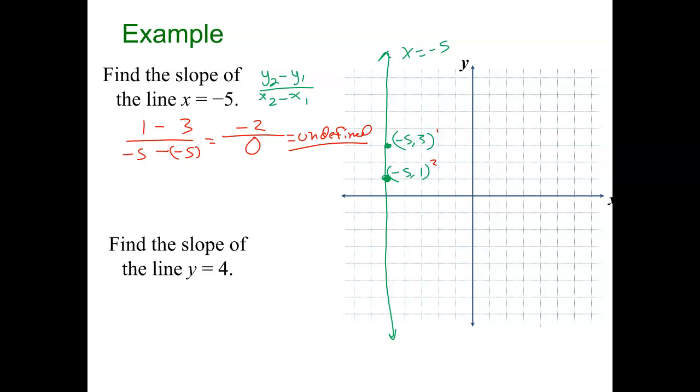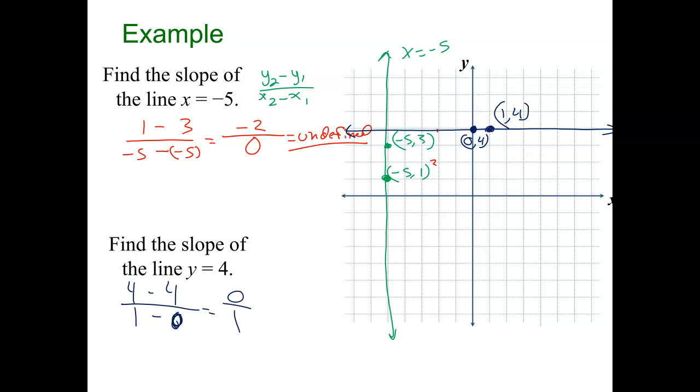Y equals 4. What type of line is that? Horizontal. Okay, so I got y equals 4, and let's pick any 2 points on that line. I'm going to do 0, 4, and 1, 4. Same formula: y over x minus y over x. 4 minus 4 is 0, 1 minus 0 is 1.